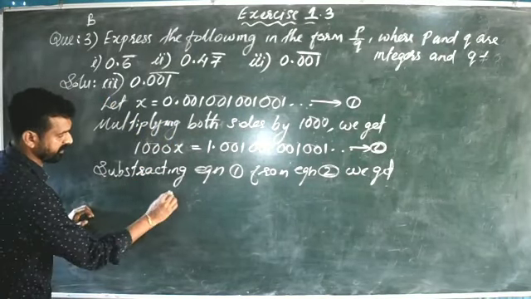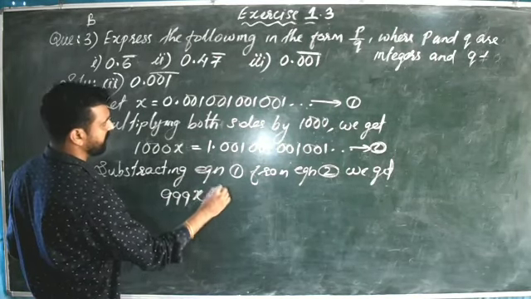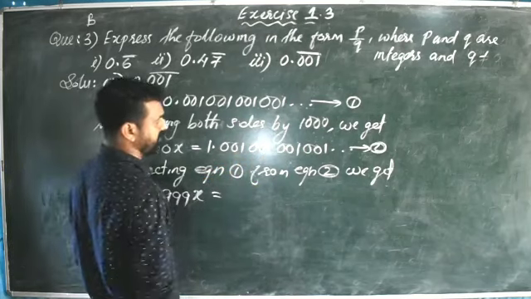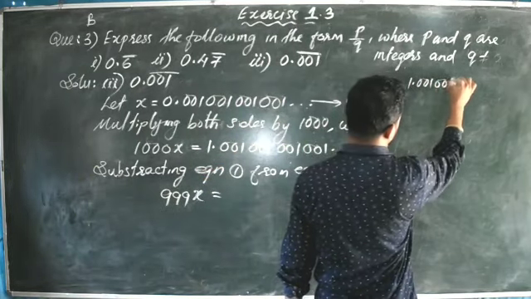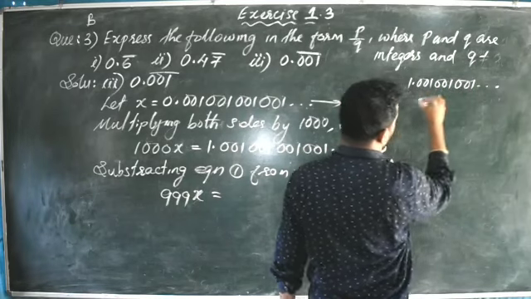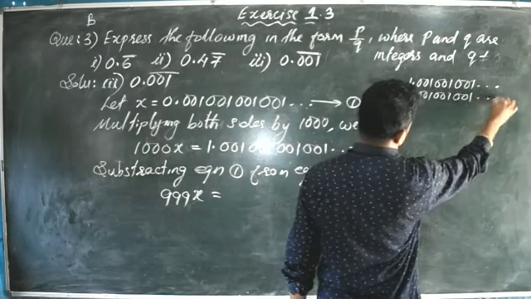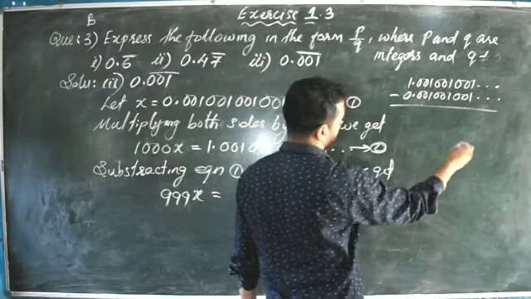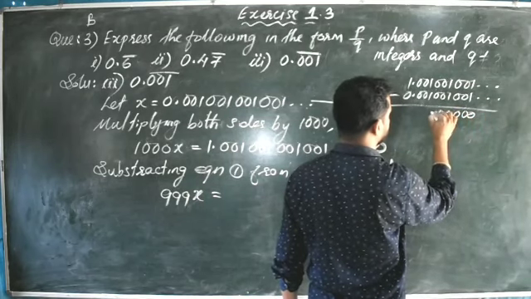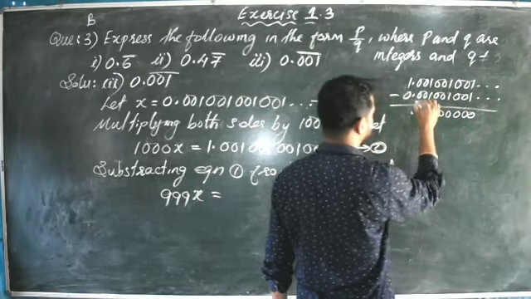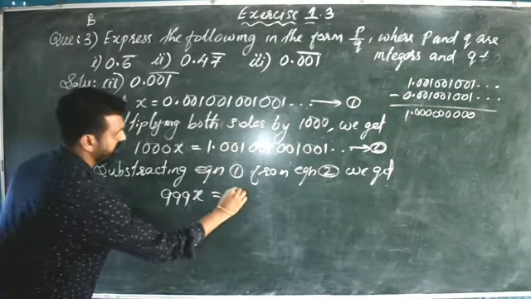1000 minus 1, that is 999x, is equal to 1.001001001 etc. minus 0.001001001 etc. 1 minus 1 is 0, 0 minus 0 is 0, all of it will come 0 only after the decimal point. 1 minus 0 is 1. 1.000 etc. means it is 1 only.